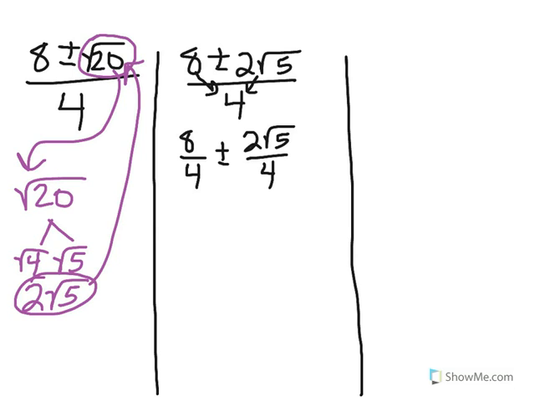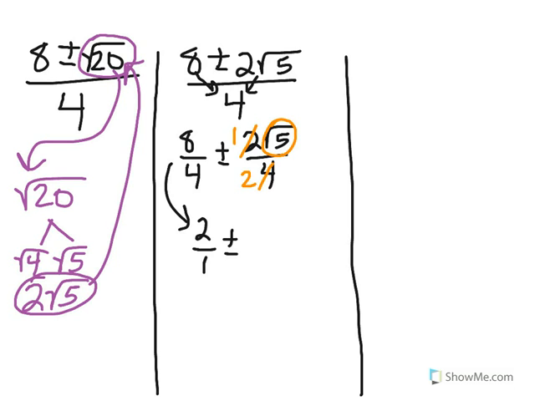Now I can simplify these separately. 8 fourths: 4 goes into 8 twice, so that's 2 over 1, plus or minus. And as I look at this, 2 and 4 will simplify to 1/2, but I can't do anything with the square root of 5 because it's not really a 5.